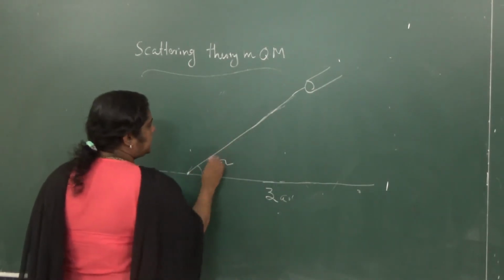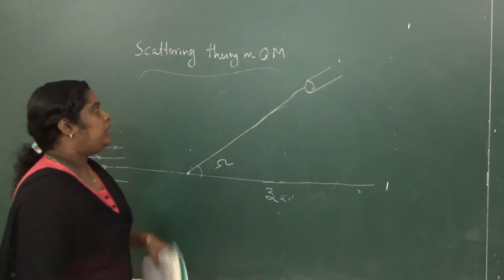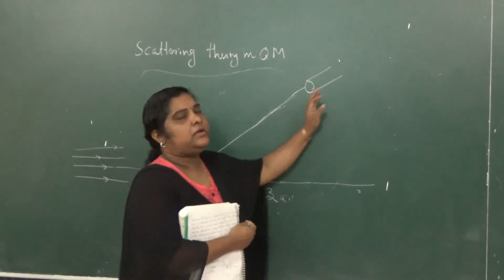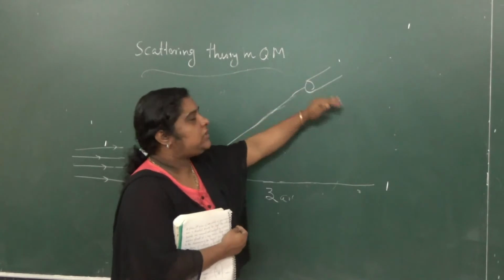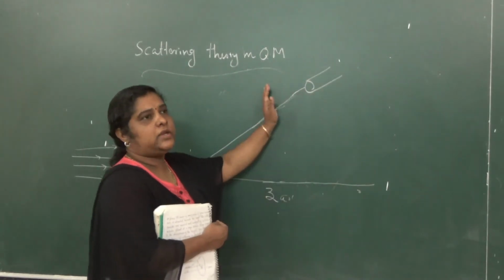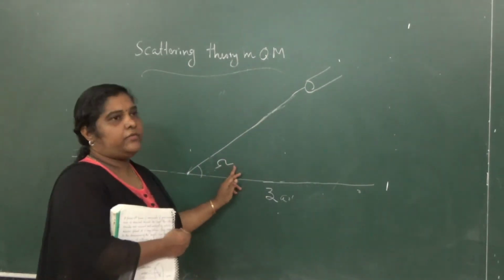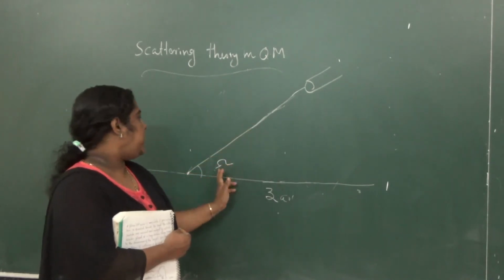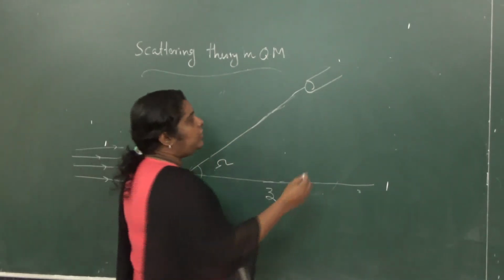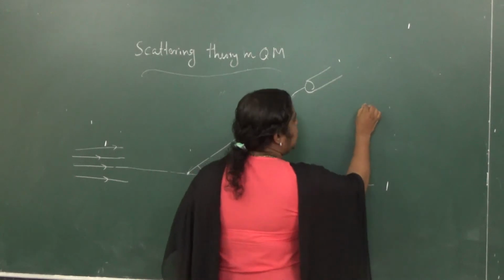For small changes, we can take d omega. We are keeping our detector at omega. As you change the detector in all directions, you are changing the omega.